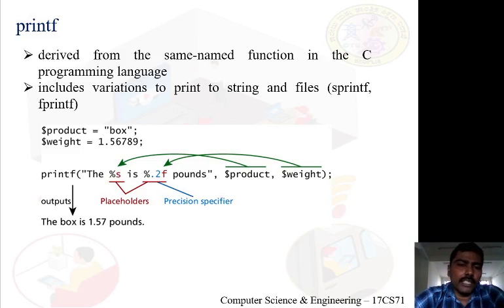Using printf I can generate formatted output. You can see in this example there are two variables, product and weight. The product is a variable initialized with a string value, weight is a variable initialized with a floating point value. So I am printing them using the printf statement.